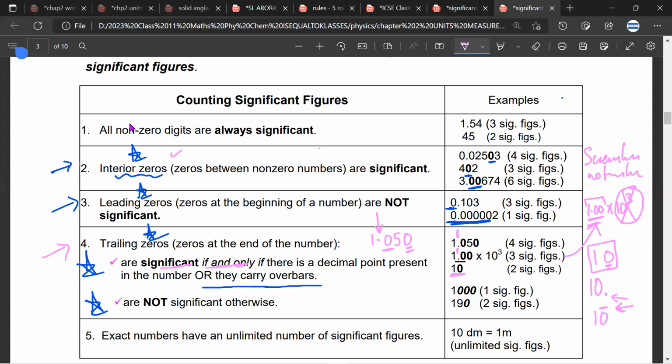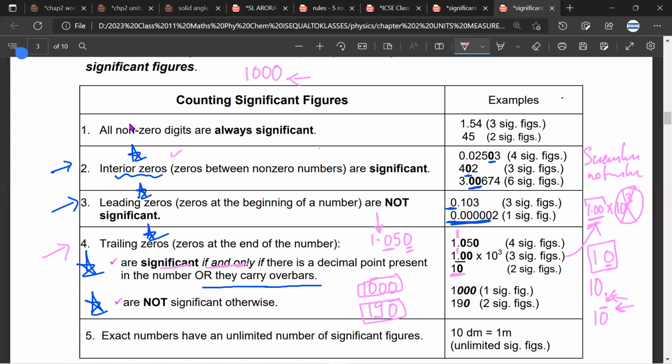If there is no symbol, for example if there is a number like this, then these three zeros and this one are not significant, because there is no special symbol here. Are we clear, Avantika? Yeah. And usually this format, using a decimal like this or using a bar like this, is an older way of writing.